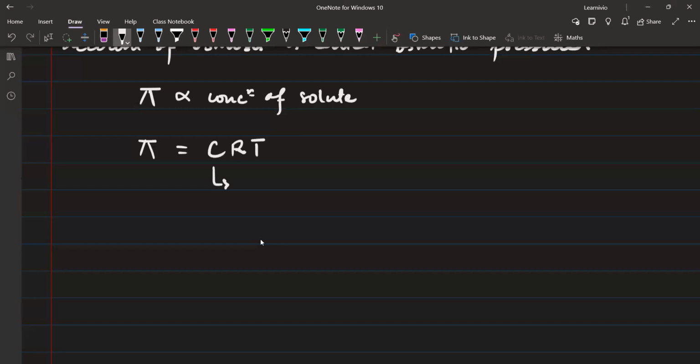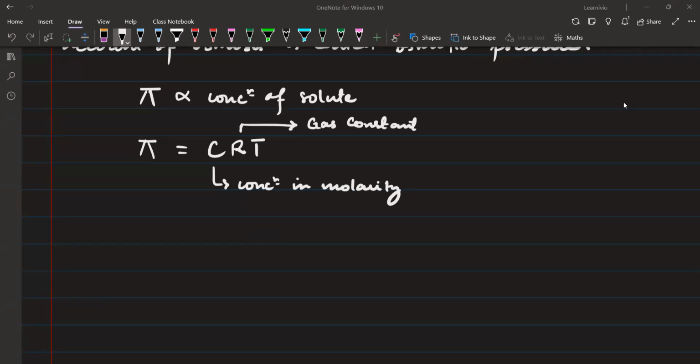Pi is equal to CRT. Now what is C? C is concentration in molarity. अच्छा और ये R है, ये तो टेम्परेचर आपको पता होना चाहिए. This is temperature. What is this R? It is the gas constant. इसकी वैल्यू दो वैल्यू आपको याद रखनी है.